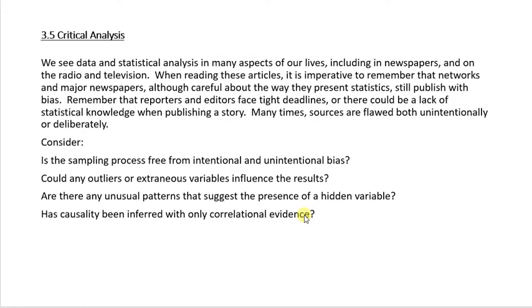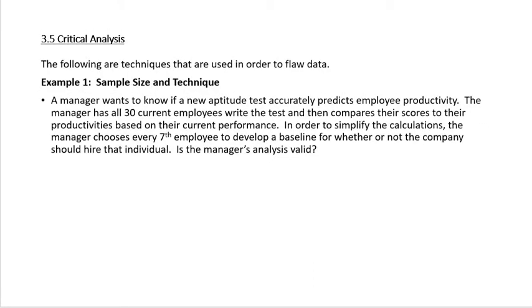The change in X and the change in Y can definitely have a pattern, but unless there's actually a relationship between the two, it could just simply be accidental. Okay, so the following are techniques that are used in order to flaw data.